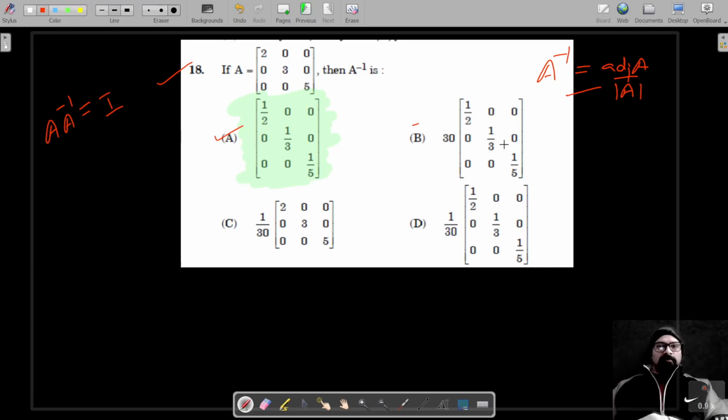We cannot go ahead and multiply each one of these, so let's use the adjoint A by determinant A method.